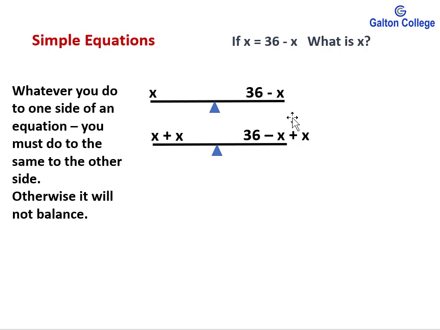So we can start here by adding x to the right hand side. So we've got 36 minus x. If we add x here, we're going to get 36 minus x plus x, but of course we must add x to the other side. We've added it here, so we must add it over here, otherwise it's not a balance. So now we've got x plus x equals 36 minus x plus x.